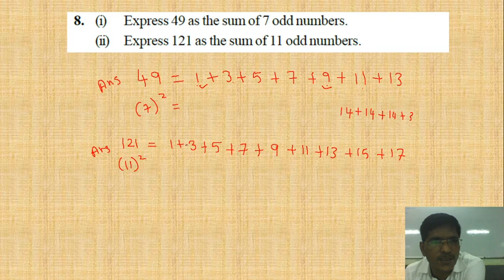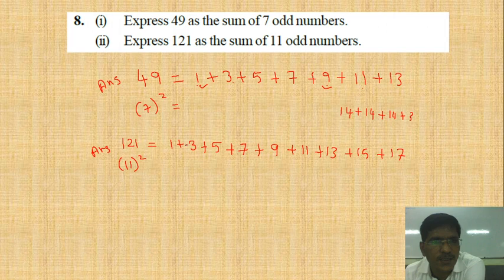And 9 plus 13, again 22. 1, 2, 3, 4 and 5, so five 22s are 110. Plus 11 is remaining. If I add 11, I get 121. So I have completed most of the questions. You have to complete this in your fair book.